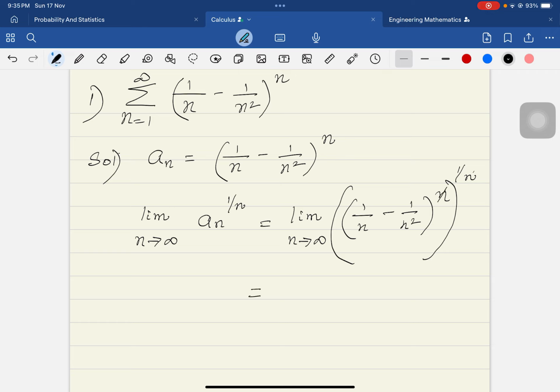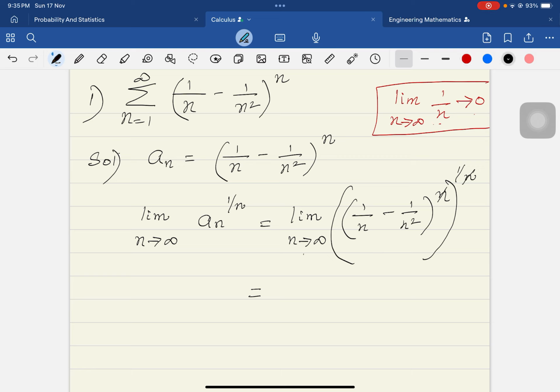Now this n and n get cancelled. As n goes to infinity, 1 by n goes to 0. That you know already. This is the important thing you have to memorize: as n is going to infinity, 1 by n goes to 0.